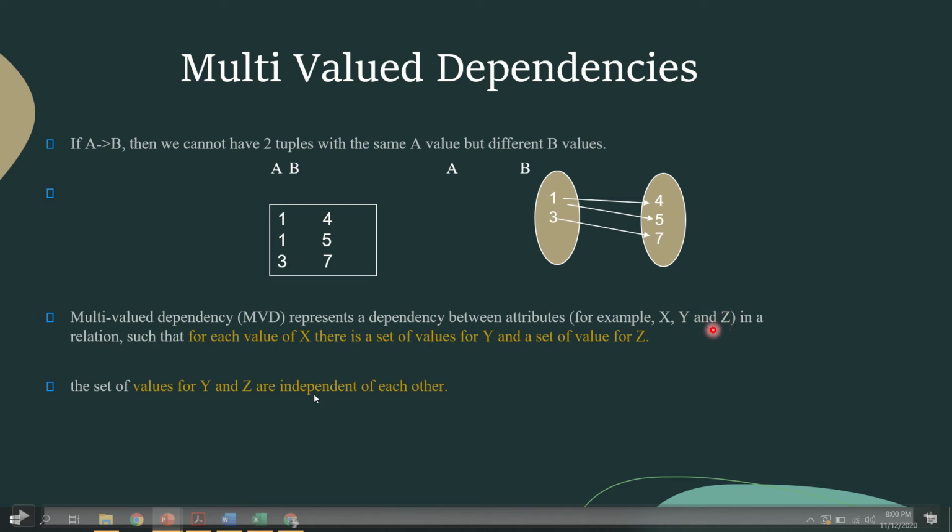If such a condition exists, there will be a multi-value dependency inside that relation. So once again, if R is a relation which contains three attributes x, y and z, let each value of x be related to a set of values of y and a set of values of z, but y and z are independent of each other. That is the concept of multi-value dependency.